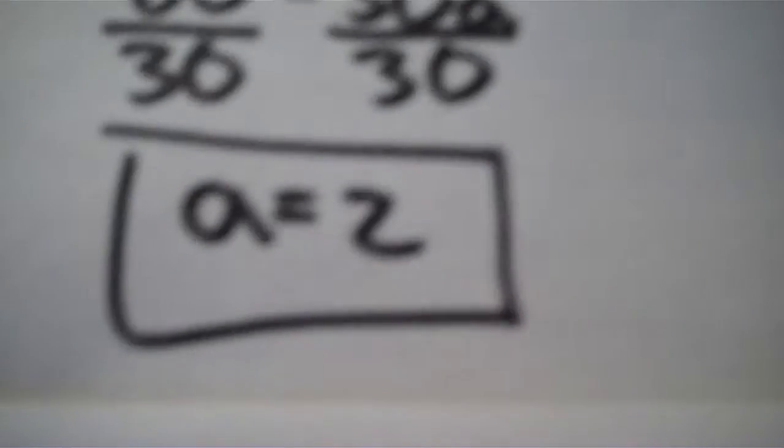So now we know what a equals, and we can substitute that into our other equations. For the b equation, we have b equals 11 minus 3a. We know a is 2, so we plug that in and get b equals 11 minus 3 times 2, which is b equals 11 minus 6, which ends up being b equals 5.